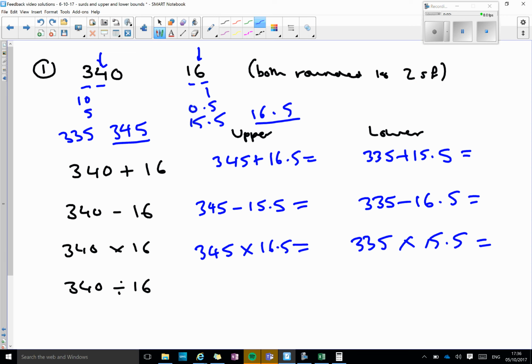So to get the largest possible value for the division, I want to divide the largest number for 340 by the smallest number for 16. And to get the lowest possible answer, I want to divide the smallest number for 340 by the largest number for 16.